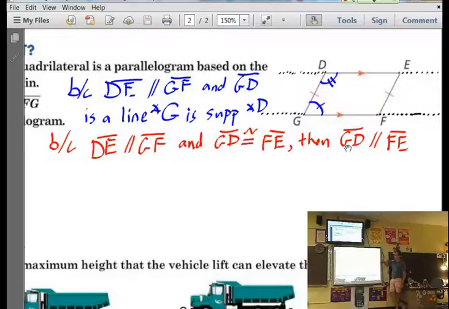Then, using my parallel statement, I can relate that these would also be supplementary, and based off my original parallel statement, these would be supplementary. Then I'd prove all the angle relationships too. But that isn't required, you don't have to do it. It's just more information that we can pull out and identify.